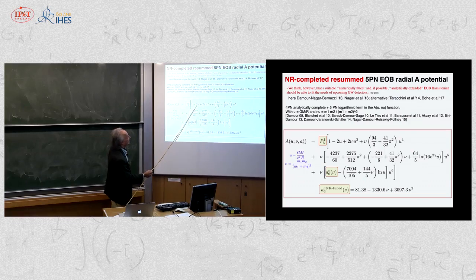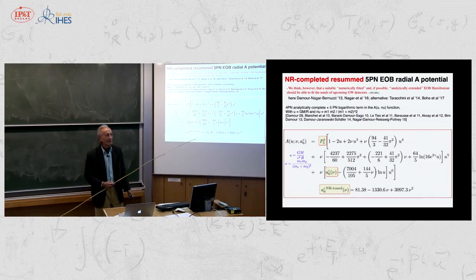For instance, in this formula, which is one of the coefficients of the metric of the effective one-body description of the interaction of two black holes, everything which is here, 1 minus 2u, where u is GM over c² r, is the Schwarzschild solution. You recognize 1 minus 2M over r.